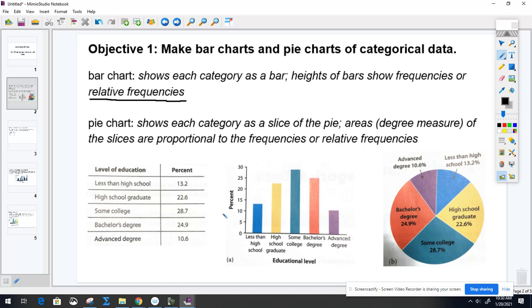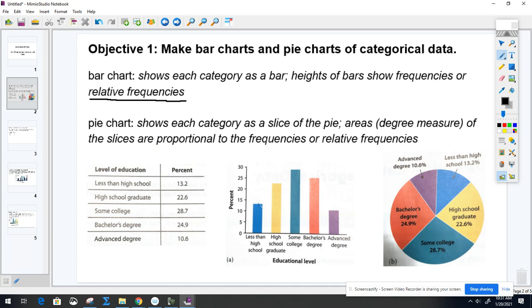If we look at a bar chart, make sure that you look at the y-axis. If this is a count, then it would just be a frequency. If it's a percent, then that would be using the relative frequency. As you can see, we have the data here: level of education, less than high school grad, some college, bachelor's, advanced degree, some sort of master's degree or a doctorate degree.